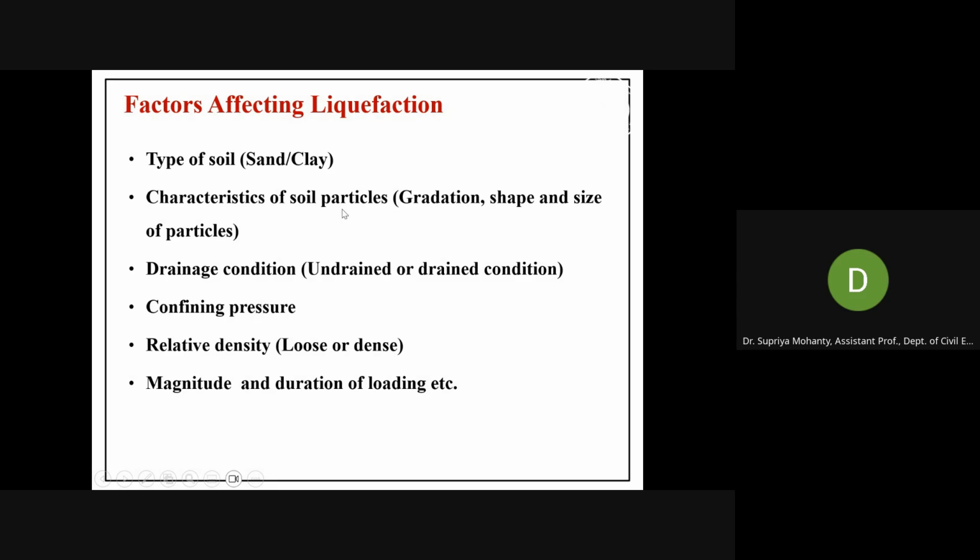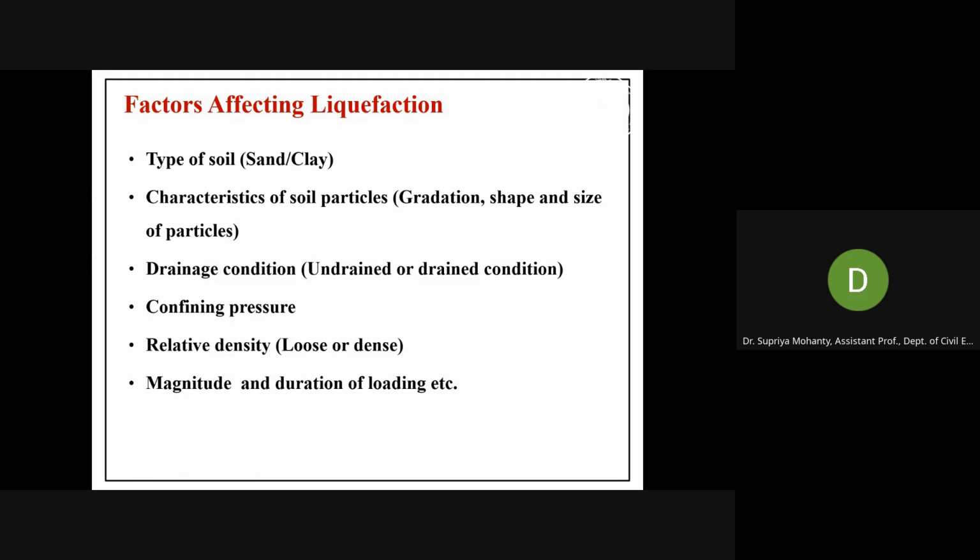Next, the characteristics of the soil particles, like gradation, shape and size of the particles, which we can get from our sieve analysis result, like what type of soil group, well graded, poorly graded, gap graded. If the soil is well graded, different particle sizes are present, so particle to particle contact will be more.